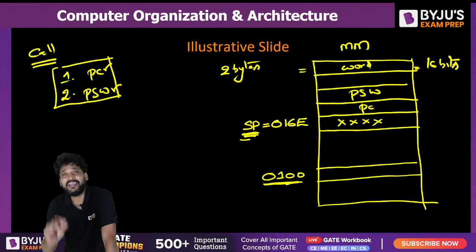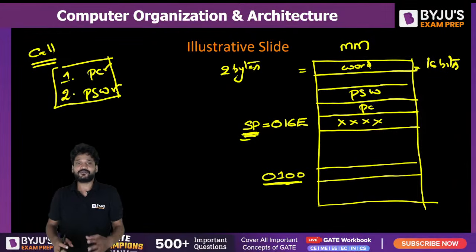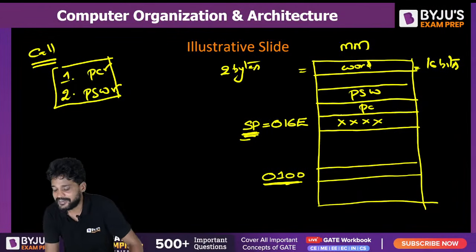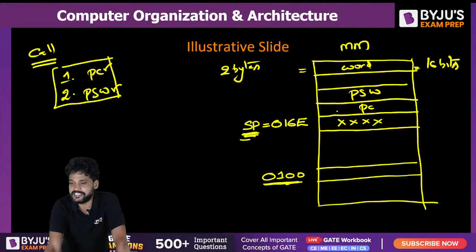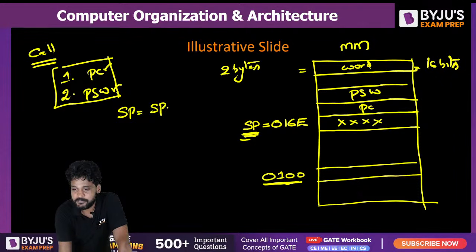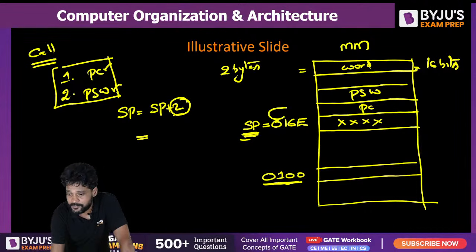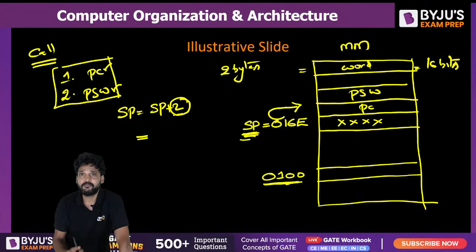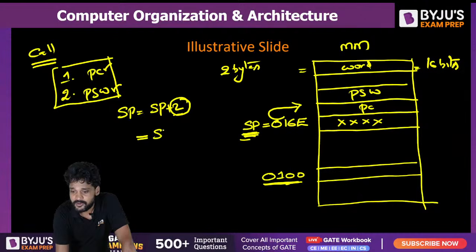So since two elements have been pushed, and the memory is byte addressable, one update is equal to plus 2, and two updates will be equal to plus 4. SP is equal to SP plus 4. I hope you got my point. Yes or no?